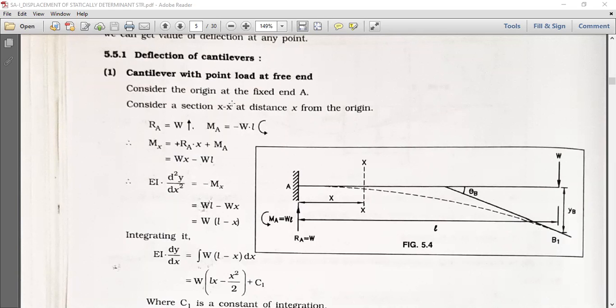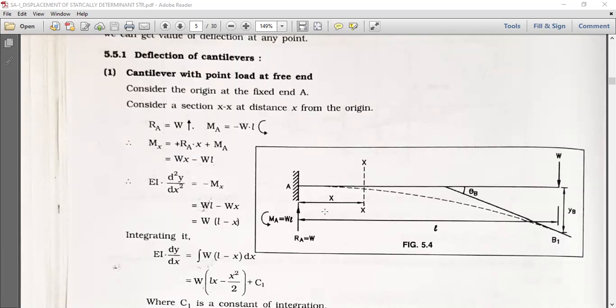So consider the origin at the fixed end A. Consider a section at distance x from the origin. Now to find RA is equal to W. MA is equal to load into perpendicular distance, load is W and perpendicular distance is L, minus because it is anti-clockwise. Now Mx is equal to RA into x plus MA.